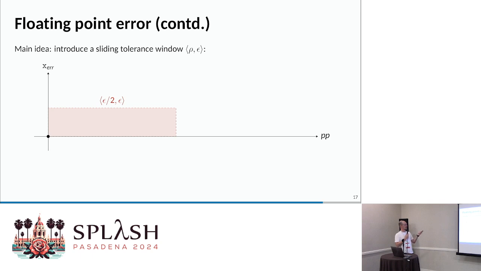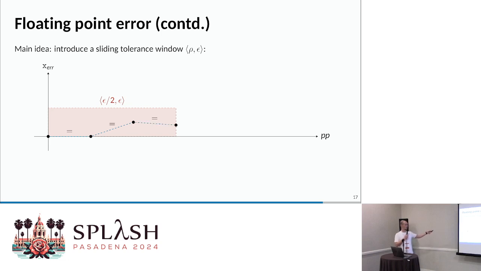is to, instead of exact stability, track stability up to a sliding tolerance window that is centered around rho, that in the example that I'm about to make is exactly here, and has a breadth of epsilon. So what happens with respect to the plain definition of stability is that whenever the modifications to the error stay inside the sliding window, you deem them as stable.